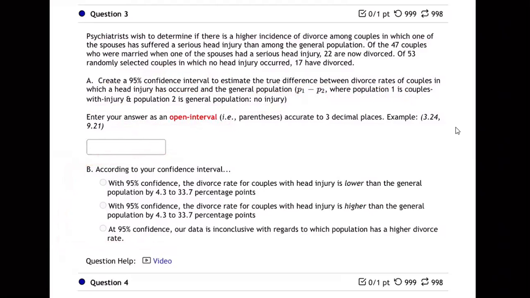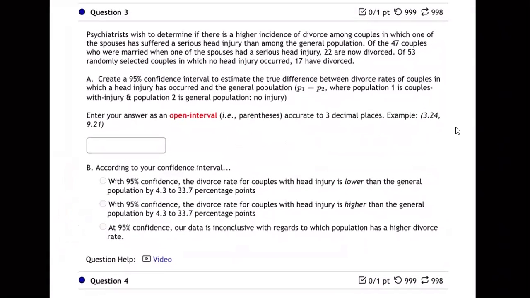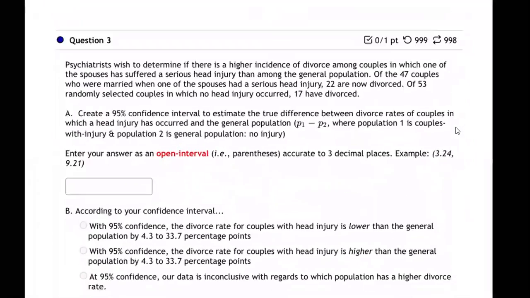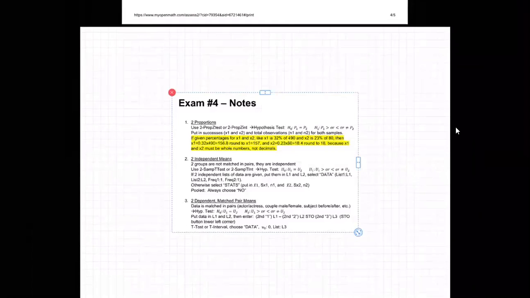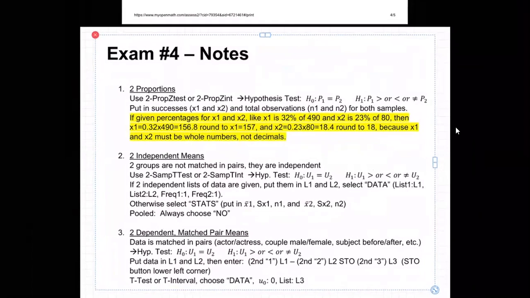All right, so let's do this. Let me add a page for us here. Okay, and let's go down and look at the notes. There it is.